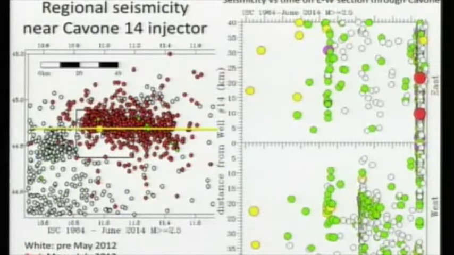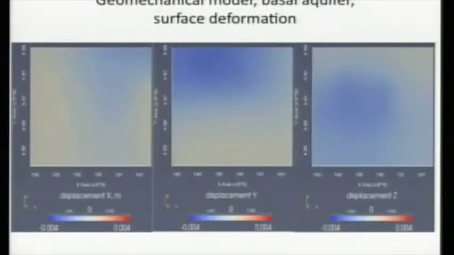Another thing that we get from this model, which we can use to calibrate the model, is surface deformation. And if we can observe the surface deformation, we can use it, again, to constrain the parameters in our model. For this particular case, the Cavone field, because the injection and the production were so well balanced, the surface deformation that results is very, very small. We are showing here the three-dimensional surface deformation. What's contoured is the east-west displacement on the left, the north-south displacement on the right, and the vertical displacement in the center.